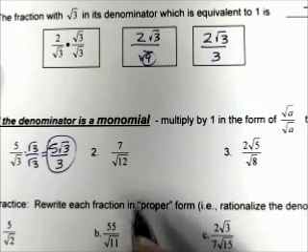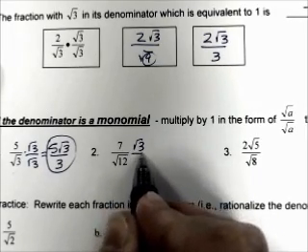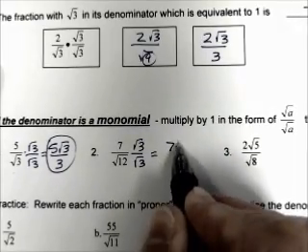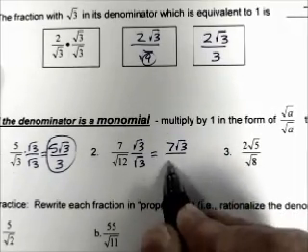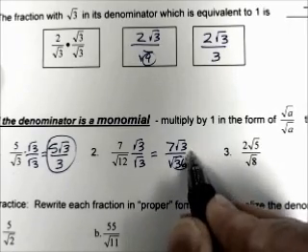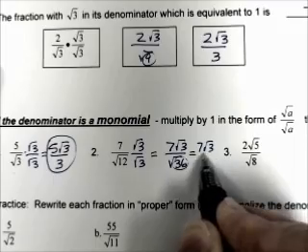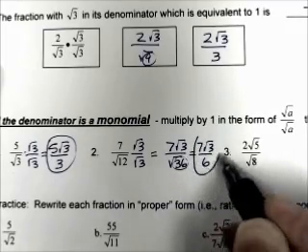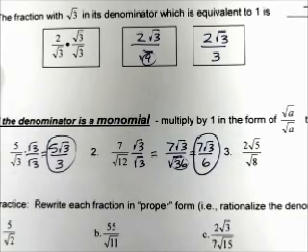So we can simply multiply by square root of 3 over square root of 3. And we'll get 7 square root of 3 over the square root of 36, and the square root of 36 is 6. So this is 7 square root of 3 over 6. And our fraction cannot reduce, so that's our final answer.